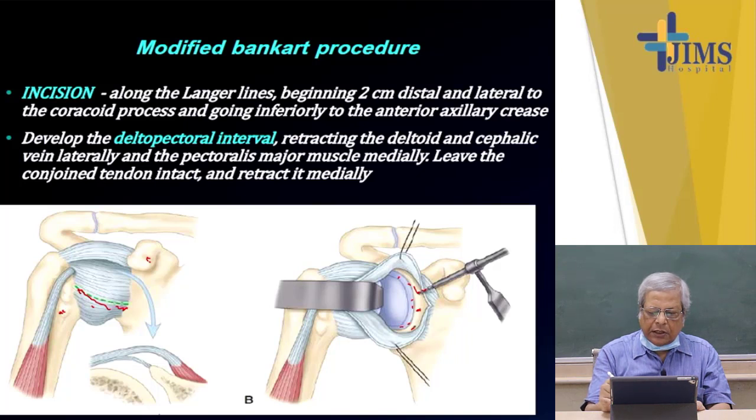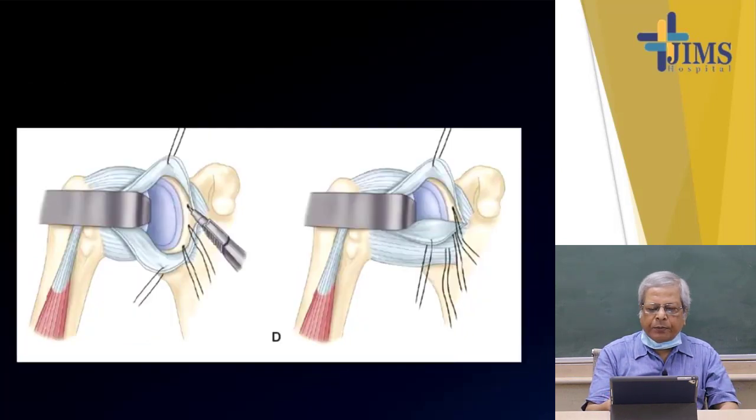Sutures are passed, and by these sutures, the capsule and the labrum are placed back and fixed to the glenoid. That is repair of the Bankart lesion. Then the capsule is closed again, the subscapularis is closed again, and the patient is kept in arm to chest strapping for 3 weeks.